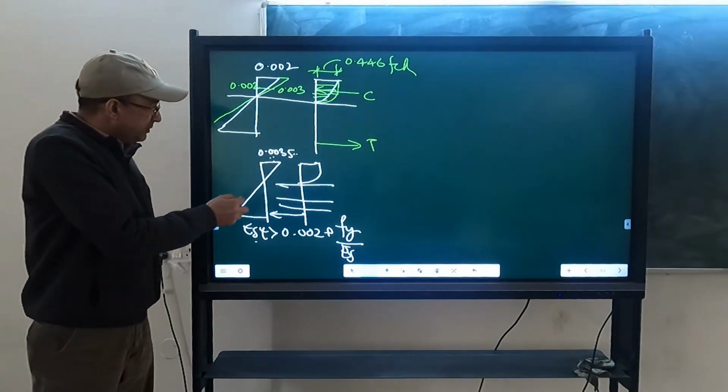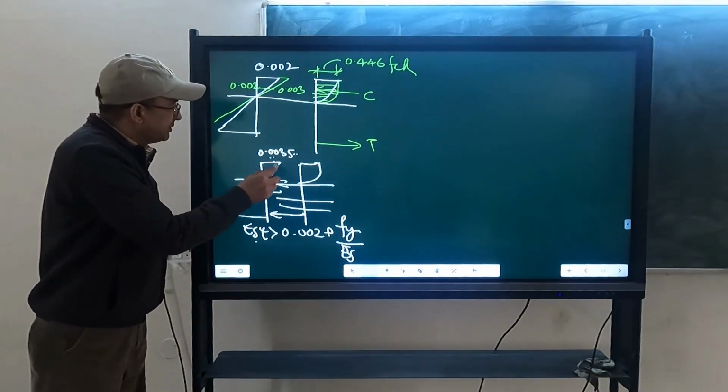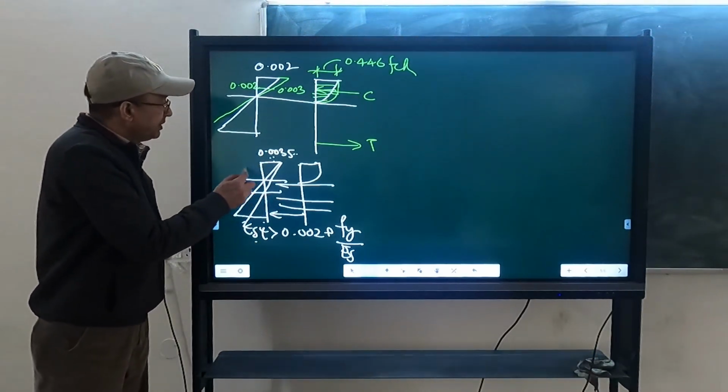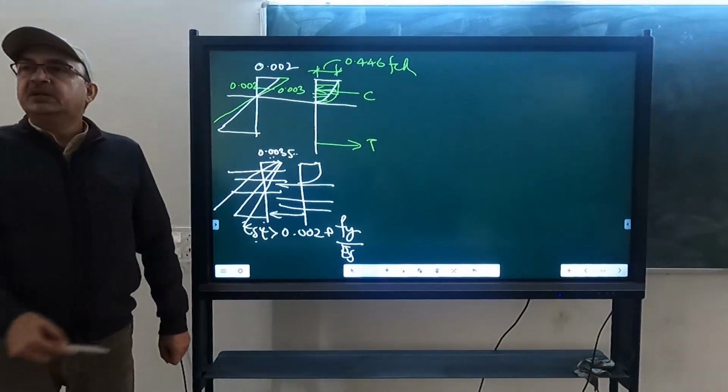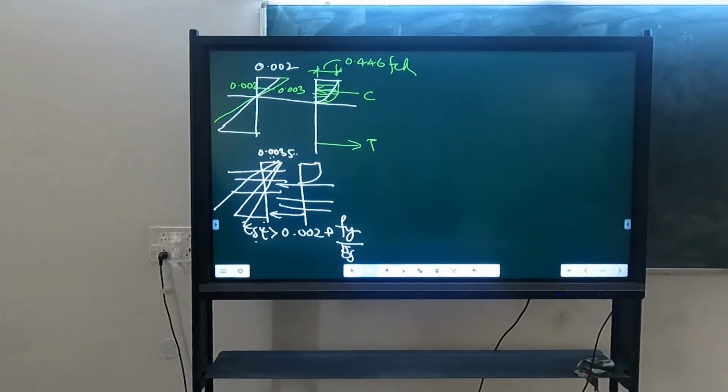So at 0.0035, for different depths of neutral axis, there are different strains here, and you will get different moment capacity. So one strain of 0.0035 under different axial forces will give us different moment capacity. For a single axial force it will be the same. So we will get a graph like the interaction diagram. So we can use that also.